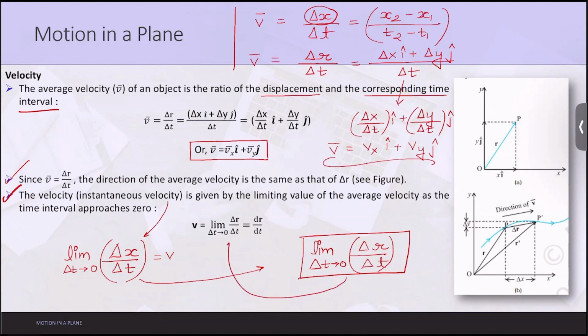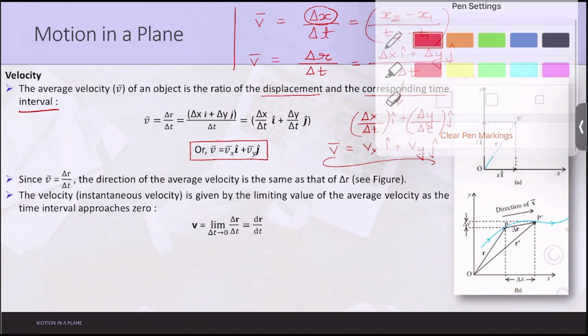Also, we understood that this expression is also called dx by dt, that is the differential coefficient of x with respect to t. Similarly here also we can write this expression as dr by dt, that is the differential coefficient of vector r with respect to t. So that is how you obtain this expression also. That is, vector v is equal to limit delta t tending to 0 of delta r by delta t, which is equal to dr by dt.